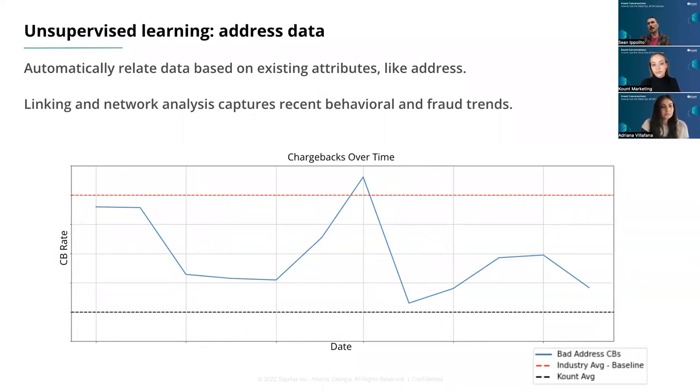The red line is the industry average baseline for a chargeback rate. The black line is the Kount average. And the blue is a collection of orders that are not using address, or there's poor address utilization, even though address is a core component to these orders.